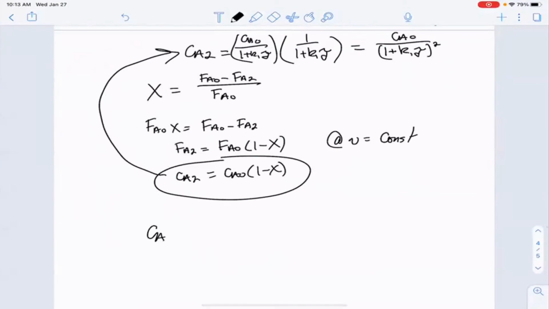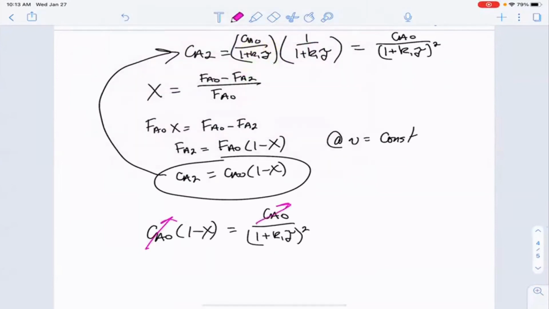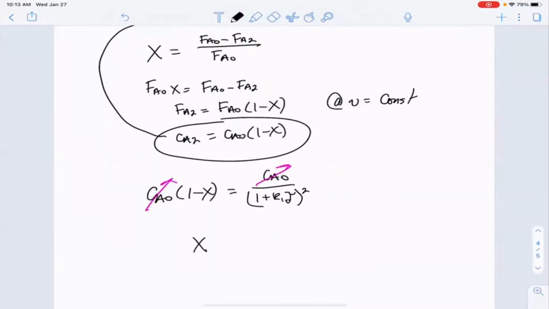Now we get that CA0 times 1 minus X equals CA0 over (1 plus K1 tau) squared. Those CA0s cancel, and you're left with the overall conversion equals 1 minus 1 over (1 plus K1 tau) squared.